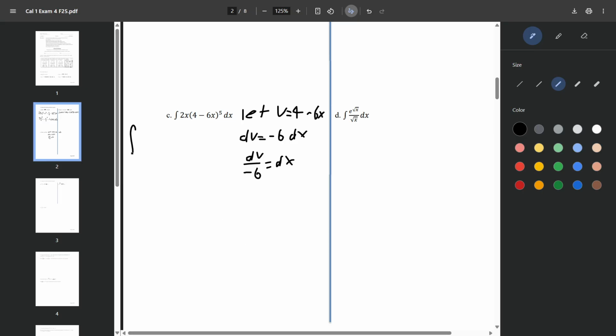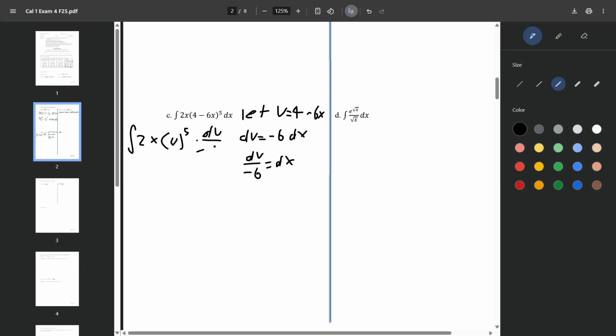So we will rewrite this equation and replace 4 minus 6x with u. So 2x times u to the power of 5, and we will also replace dx with du over negative 6.